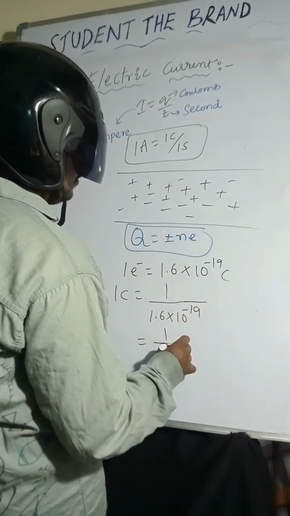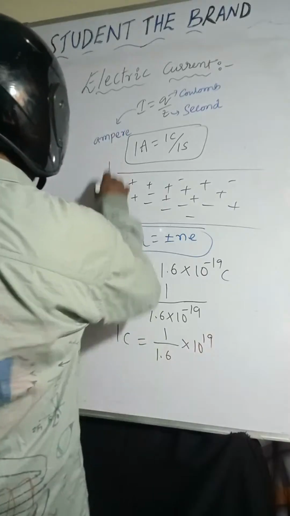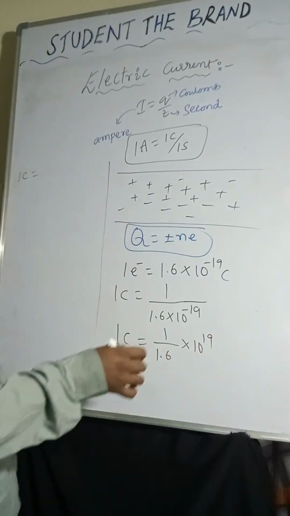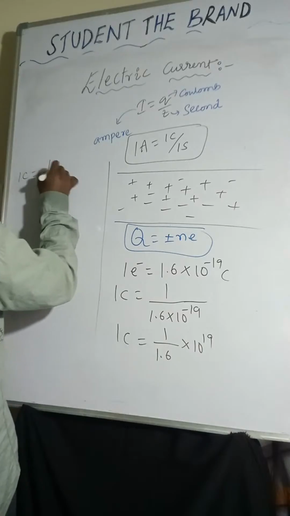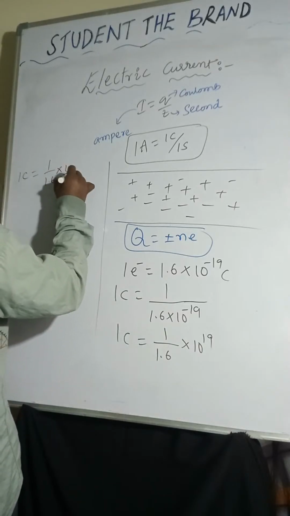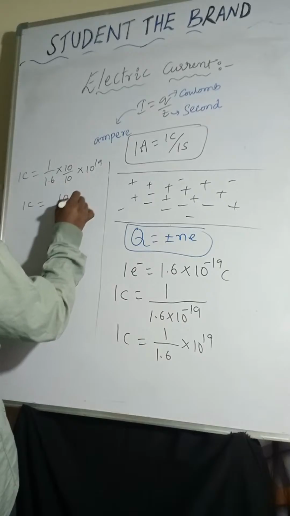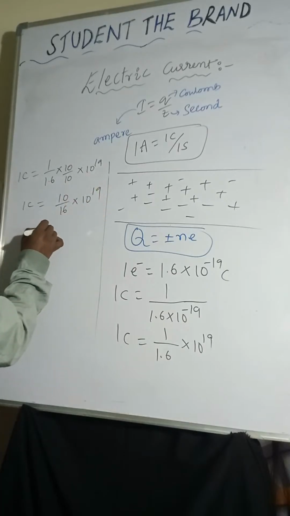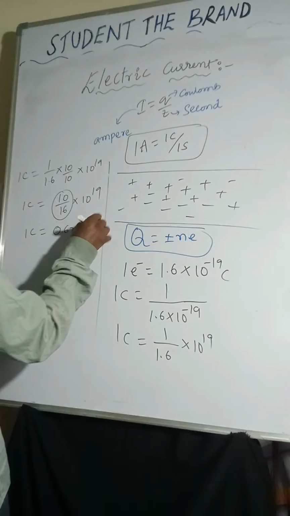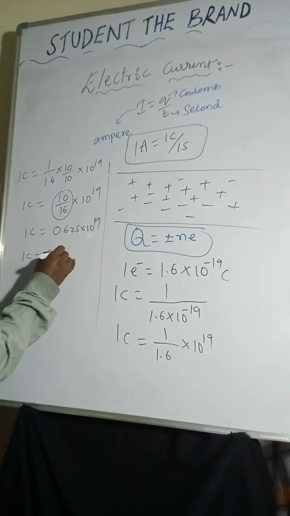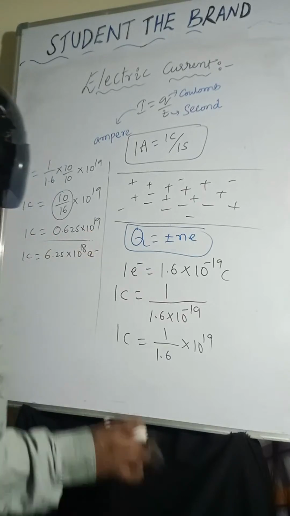That is 10 by 16 into 10 power 19. So you will get 0.625 into 10 power 19, that is 6.25 into 10 power 18 electrons are present.